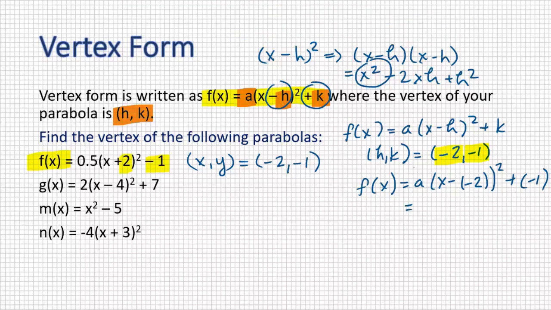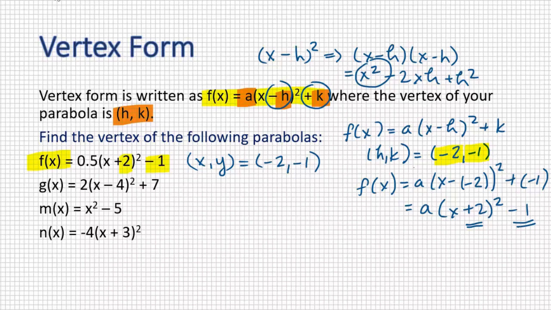If we tidy this up, we get a times (x plus 2) all squared minus 1. In other words, if h has a value of -2, then in our equation, we get x plus 2. If k has a value of -1, we see the same thing in our equation.